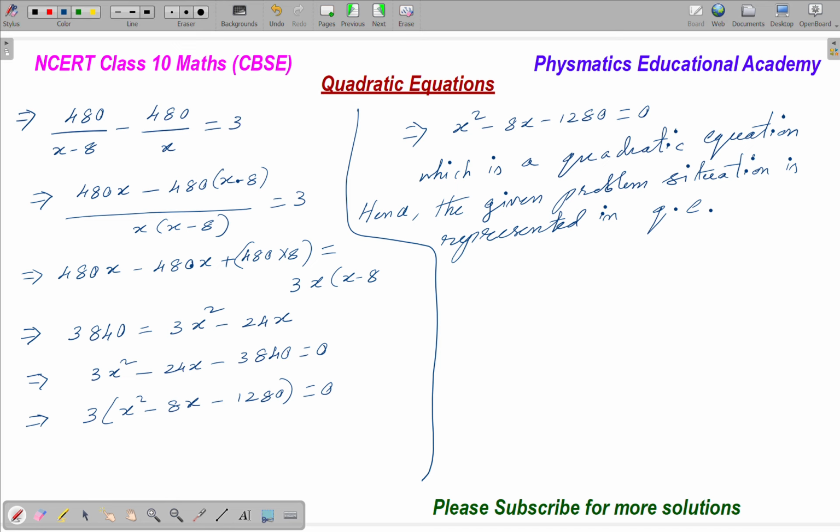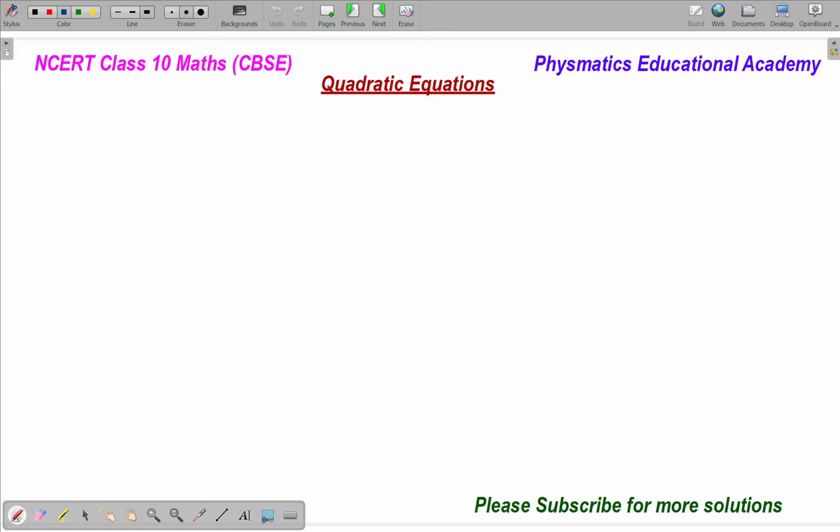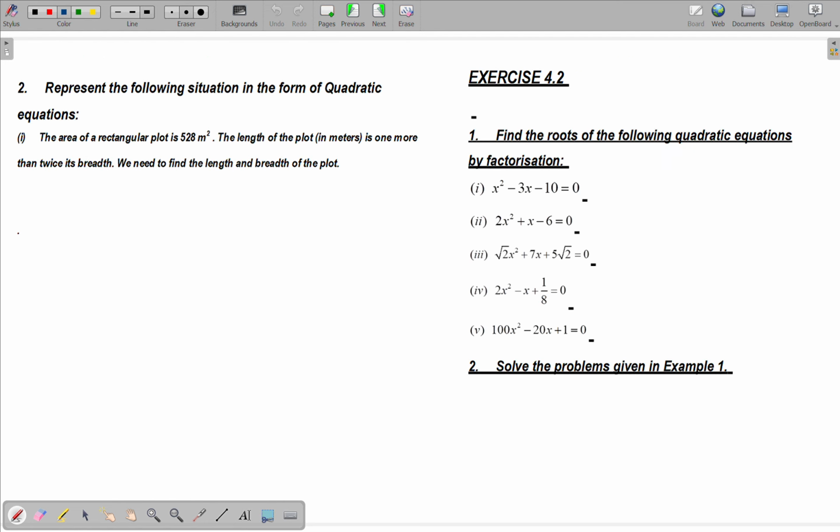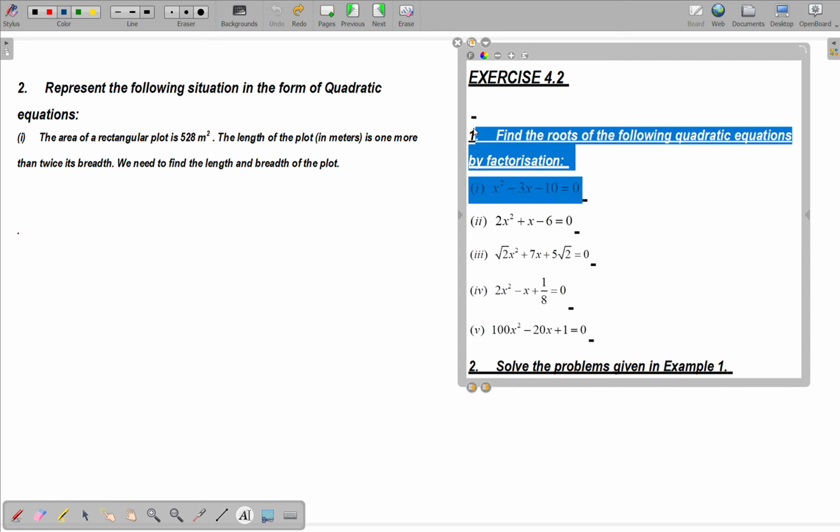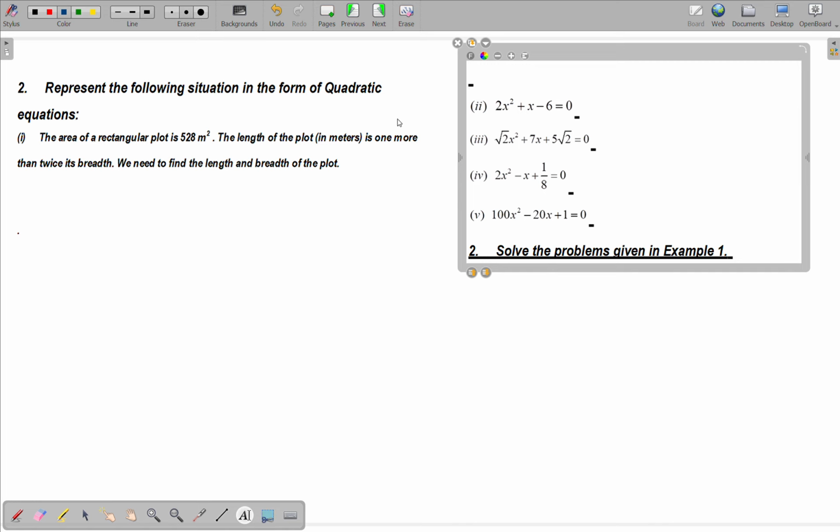Now coming to the next exercise, exercise 4.2. Now we copy questions from exercise 4.2.